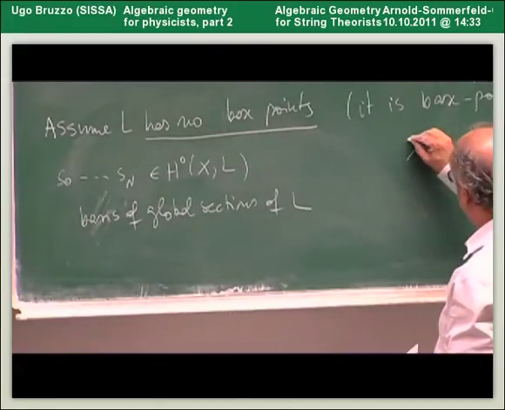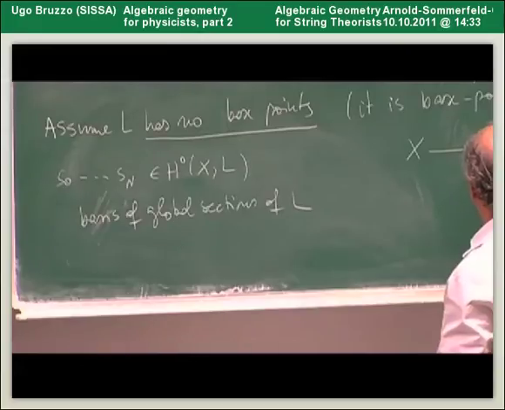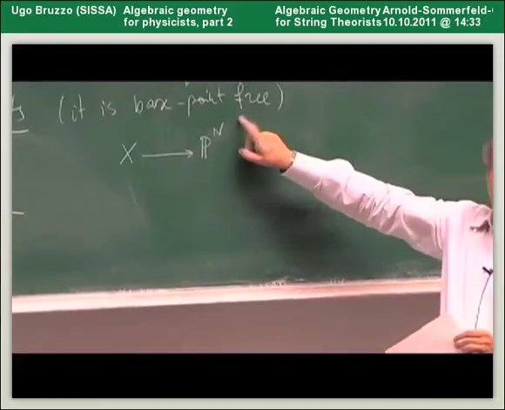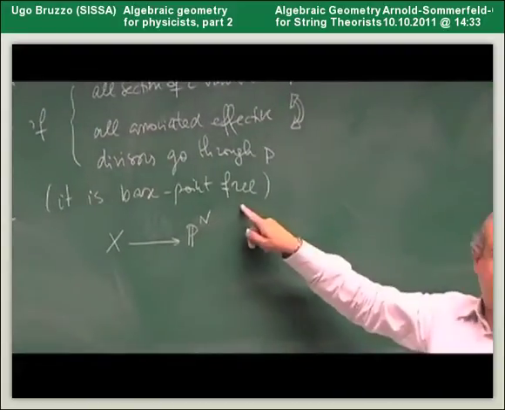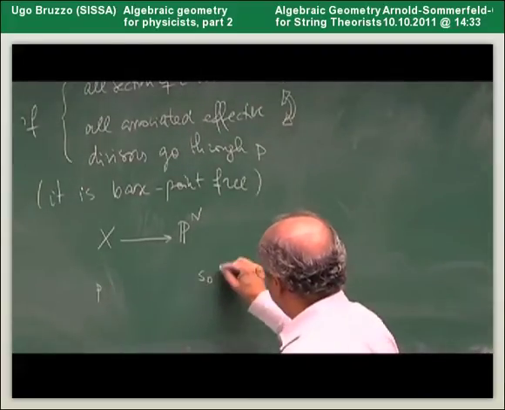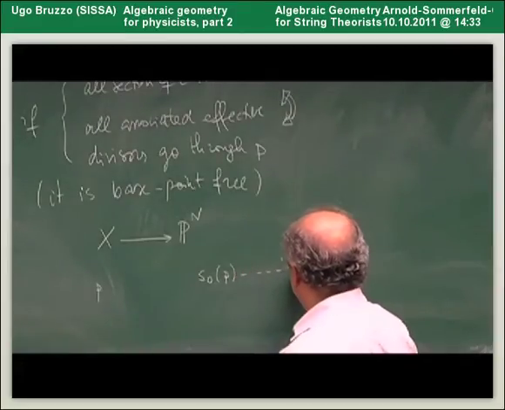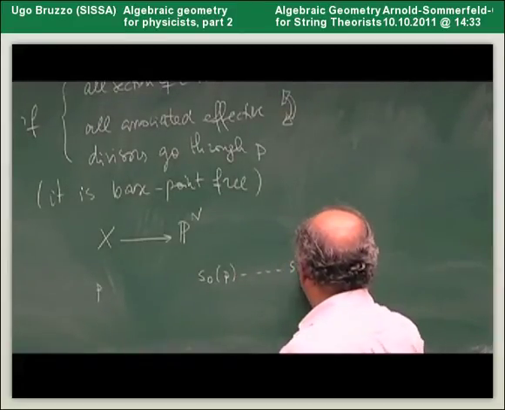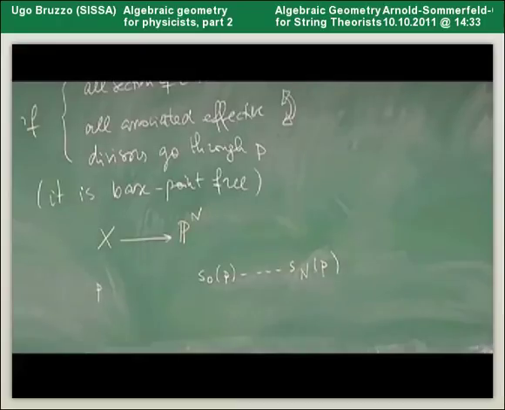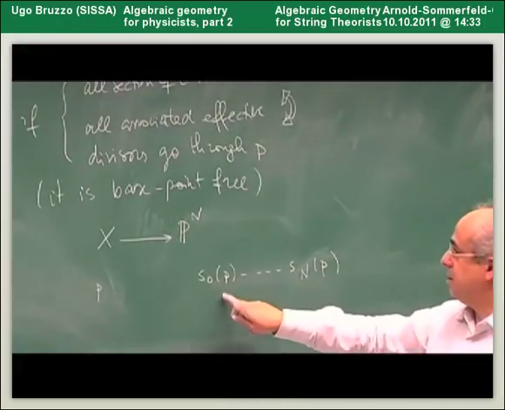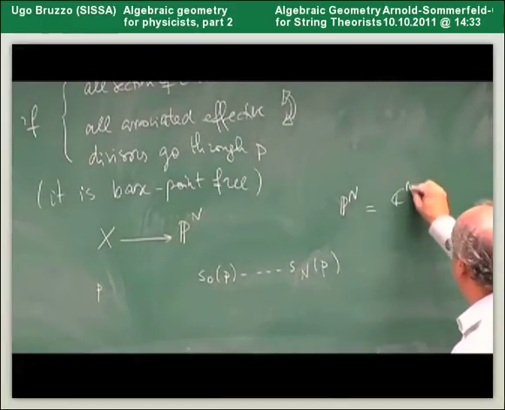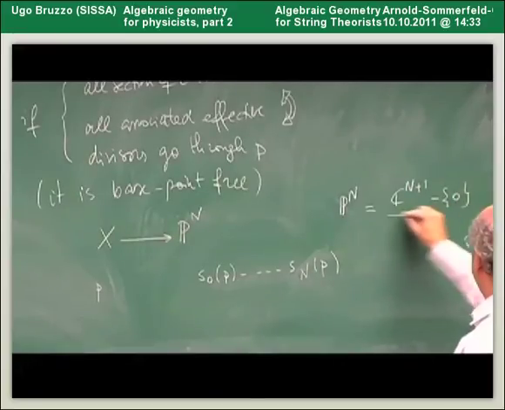I want to use this to define a map from X to the projective space Pn. And now we understand why I need this condition, the fact that the line bundle is base point free. Because what I want to do is the following. To the point P, I will associate the sections computed at the point. I'm thinking of this as C^(n+1) minus 0 mod C star.